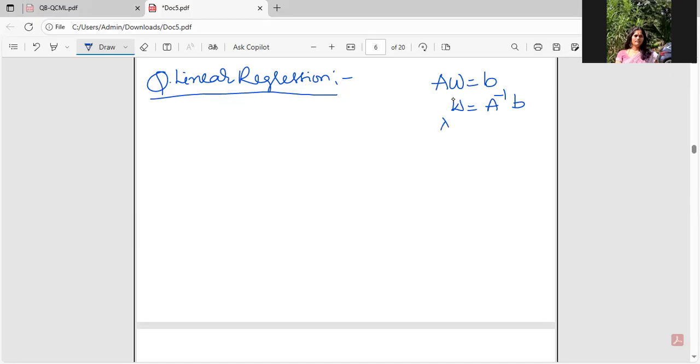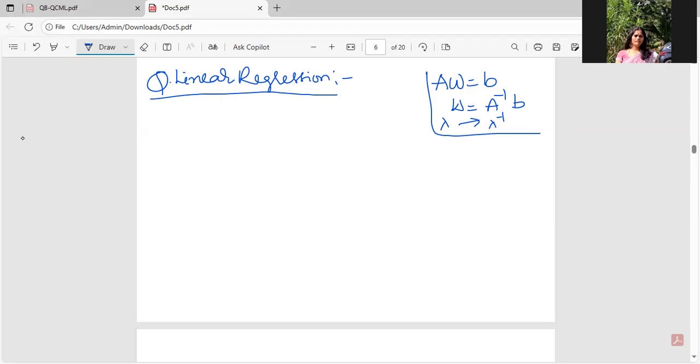Once I know the eigenvalue for A, the eigenvalue for A inverse would be lambda inverse. Hence, I will do the spectral decomposition and proceed further for finding out the W. Let's see first what exactly is quantum linear regression, then get back to the things related to classical.